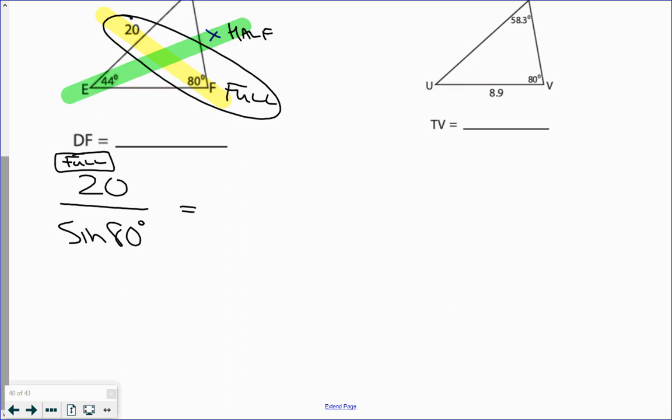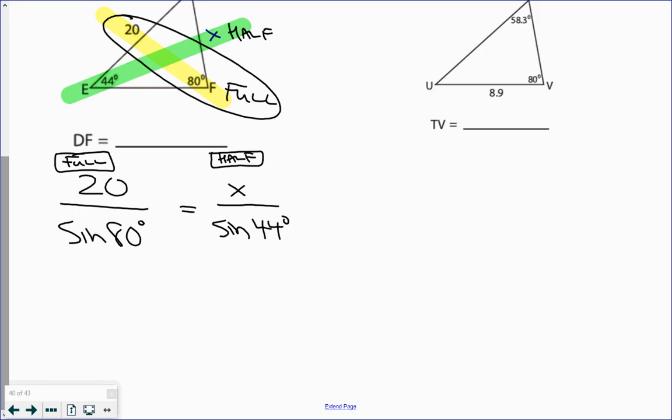Equals, now you're going to do the half. Side over angle. So full pair, half pair. Does that make sense? Okay, so side, angle, side, angle. Yes? Good?